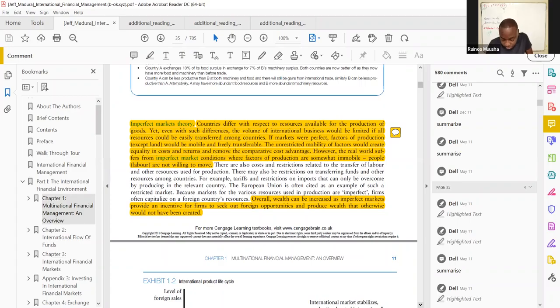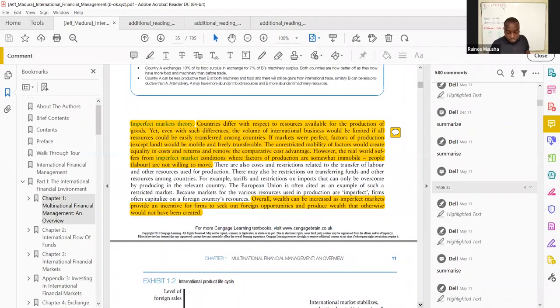If markets were perfect, factors of production would be mobile and freely transferable. The unrestricted mobility of factors would create equality in costs and returns and remove the competitive cost advantage. However, the real world suffers from imperfect market conditions where factors of production are somewhat immobile, where people are not willing to move.